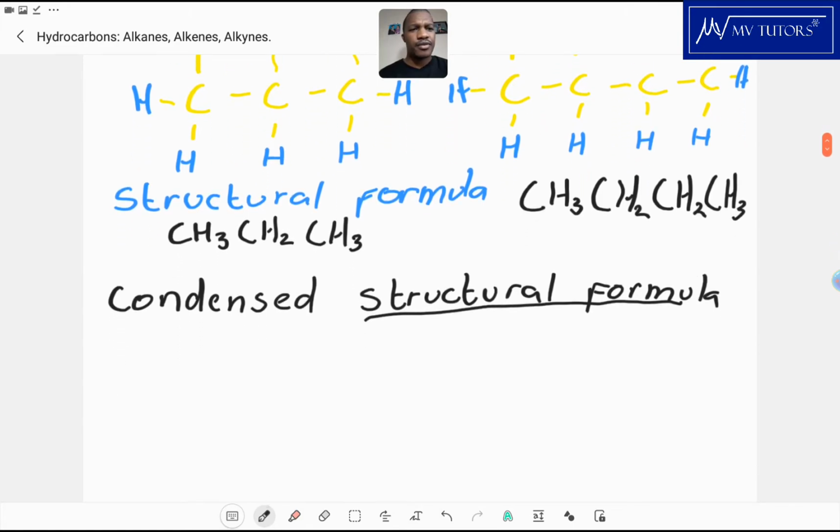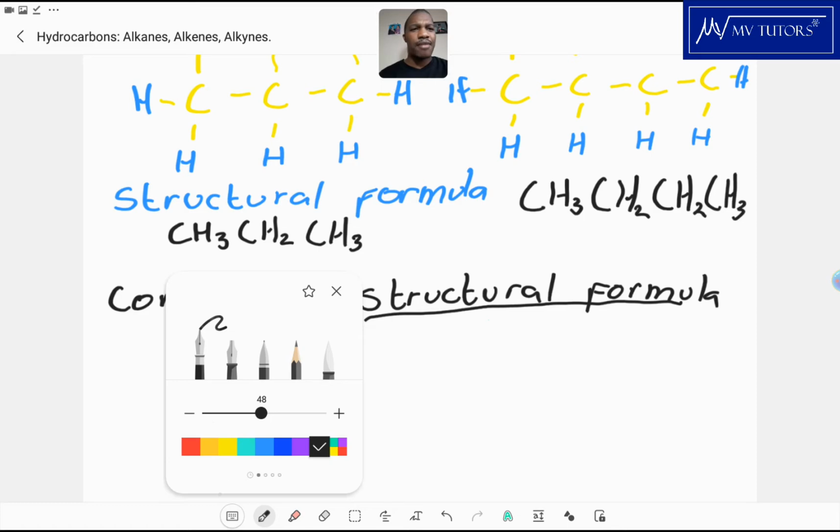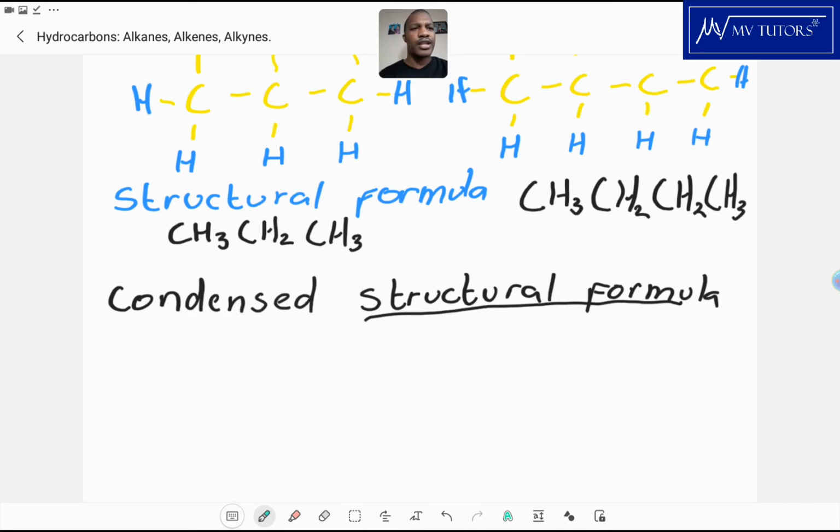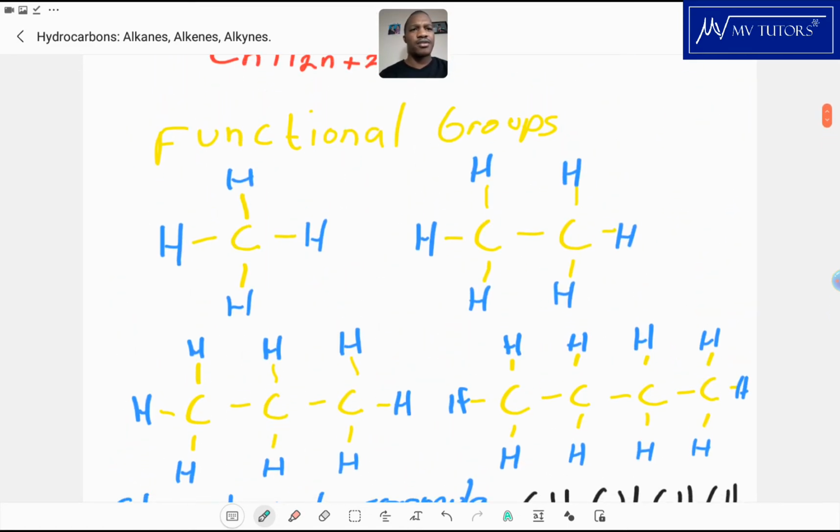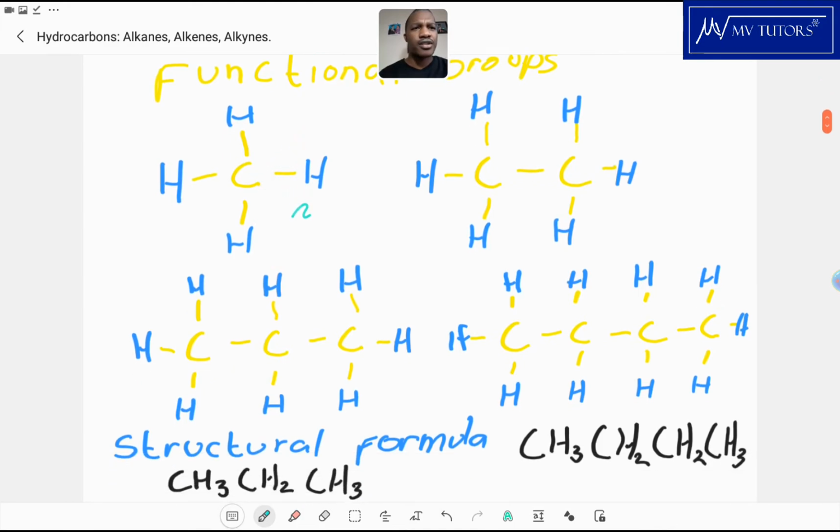Now, something else, let's talk about the naming. How do we name these things? If you have a single bond, it's a meth. You can think of it as me, just one of me, so that's meth.